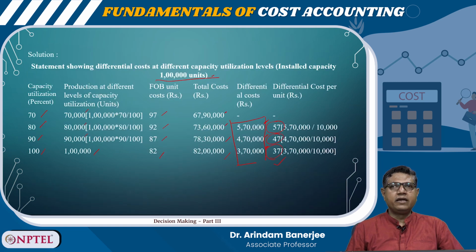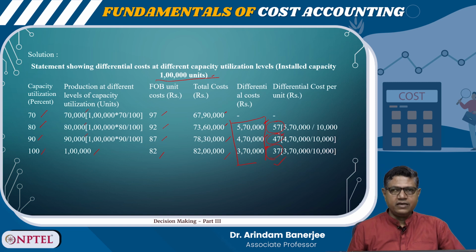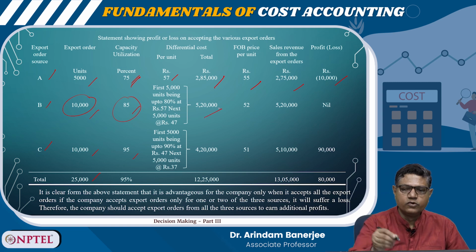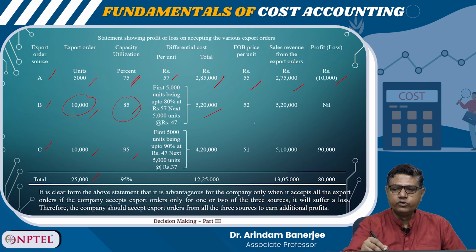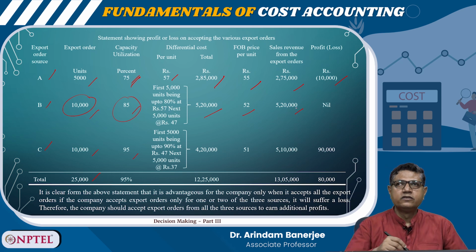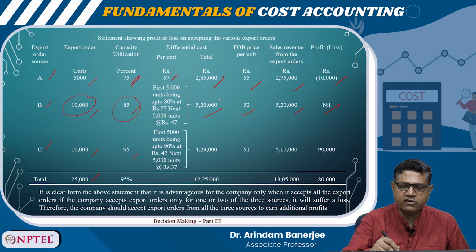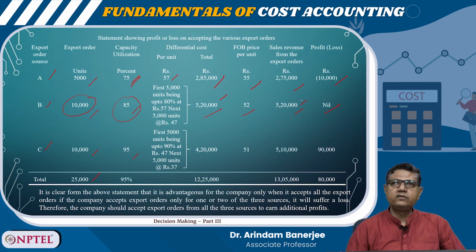You see, we calculated here, it is 47. So, it is 5,20,000 total, and price per unit is 52, so the revenue will be 5,20,000. So, my profit will be nil, because differential cost is 5,20,000 and my incremental revenue is also 5,20,000.